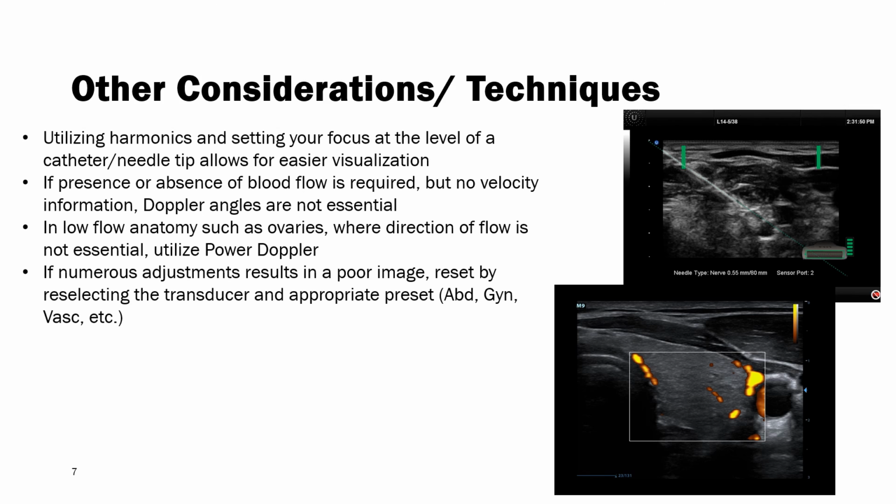Then your go-to may just be power Doppler, and you see that utilized here in this thyroid. It shows a higher sensitivity to low flow areas. This works fantastic, like I said, in the thyroid, in the cortex of the kidney, in the ovaries. That's huge. But just recognize that you're not seeing velocity of blood flow and you're not seeing direction of blood flow.